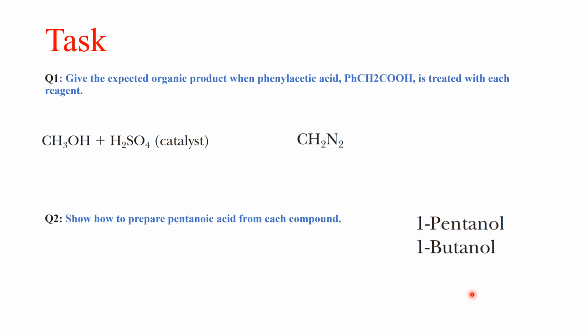So you just have to work out what your product would be. If you treat the pentanoic acid with 1-pentanol and with 1-butanol, what would be your final product, right?